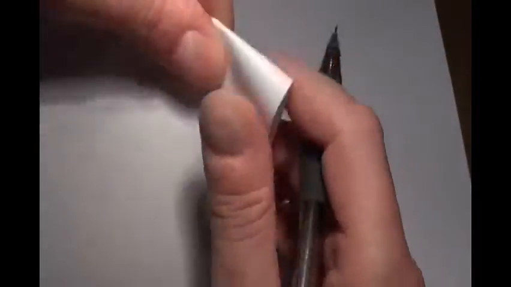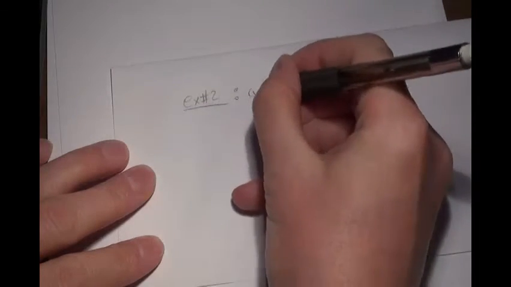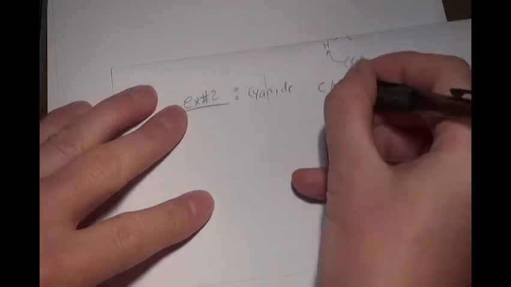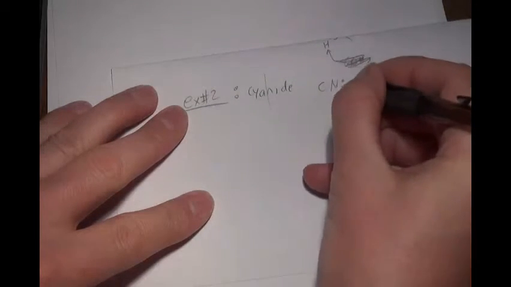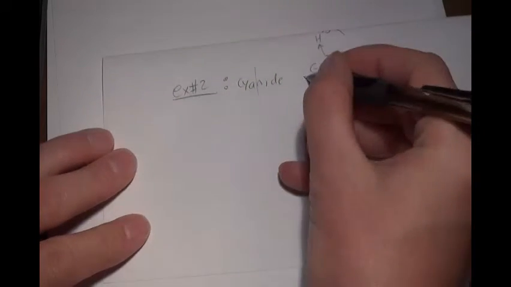Second example, we're leading to the really cool example of conjugate addition, but let's do one more example. Cyanide, or CN minus. This is also an example of a 1,4 addition.